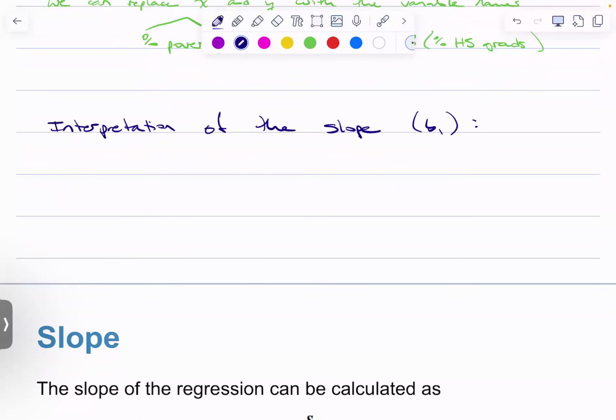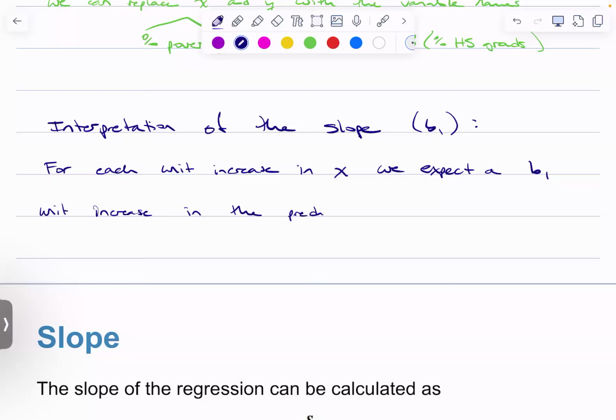The slope is going to look like this. For each unit increase in x, we expect a b1, so a slope unit increase in the predicted value of y.